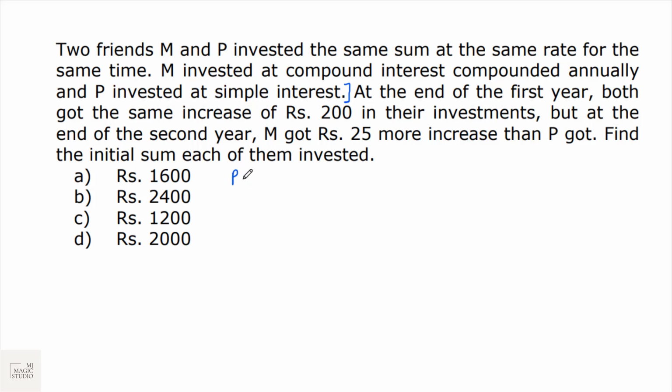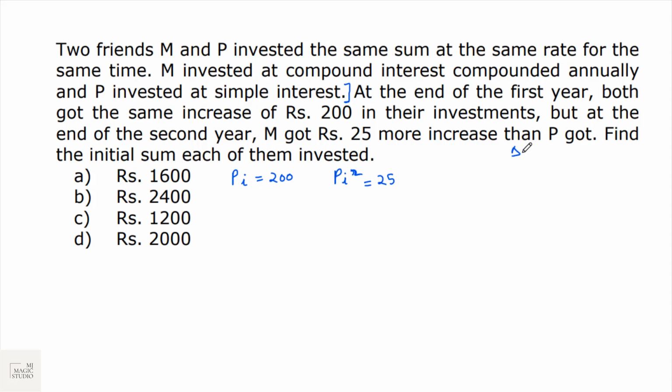That means first year earning, which is P into I, is equal to 200 for both. But at the end of second year, M got rupees 25 more than what P got. That means difference between CI and SI for 2 years is PI squared, which is equal to 25.